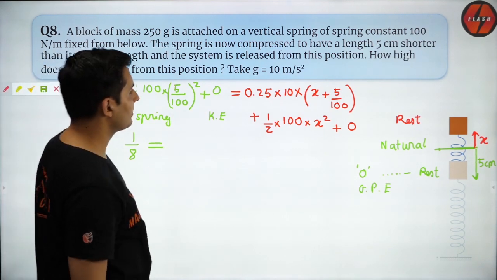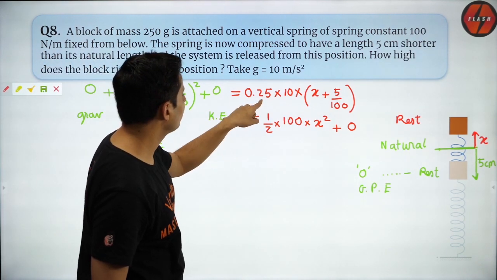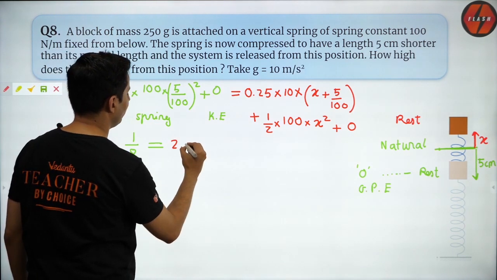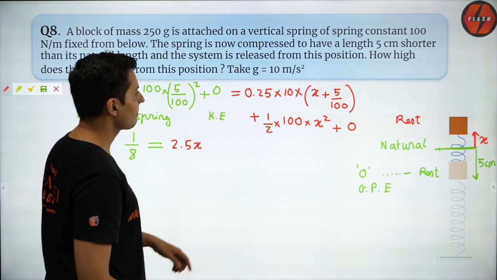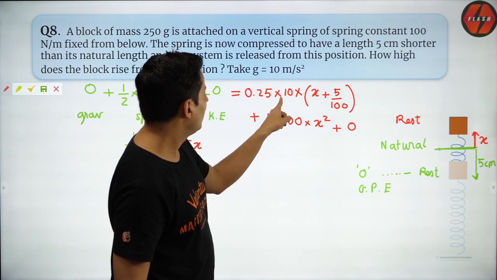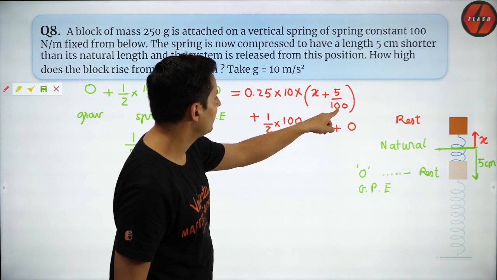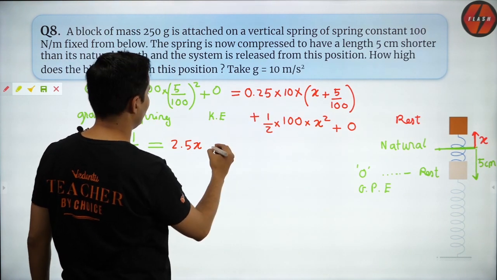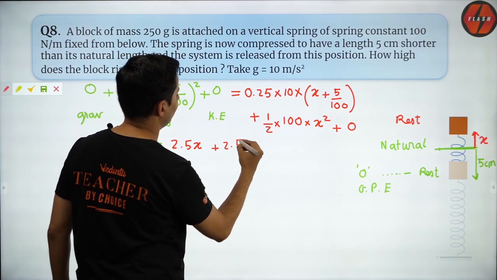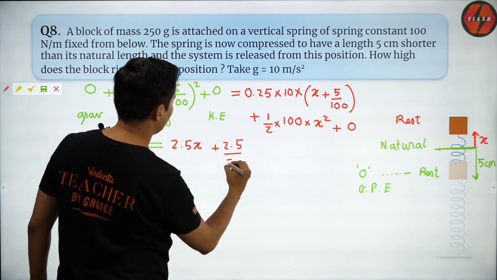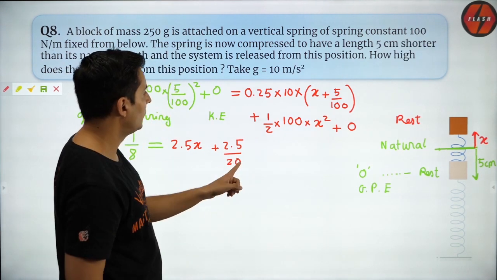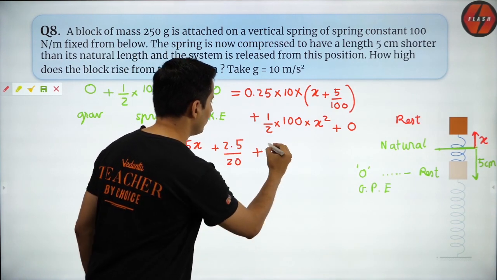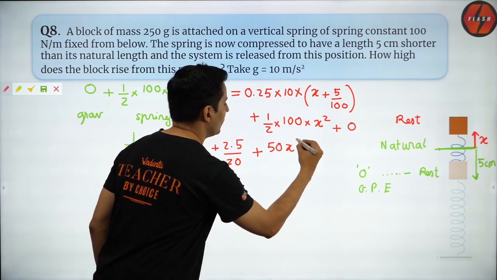And on the RHS side, you'll have again many terms. 0.25 into 10 will become 2.5x, and here you have 5 by 100, which is 1 by 20, and you have 2.5 on the top, so 2.5 divided by 20 below, plus you will have 100 by 2, which is 50 x square.